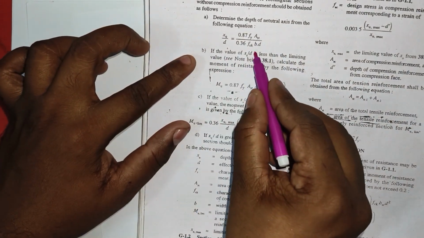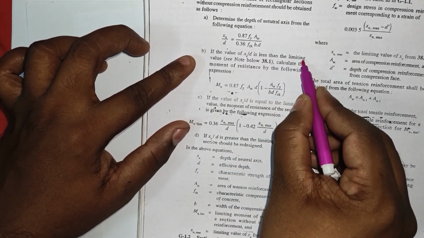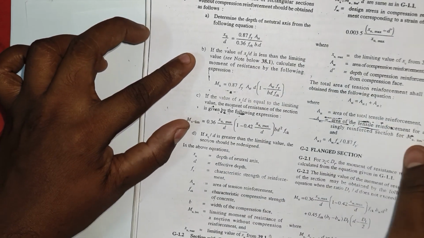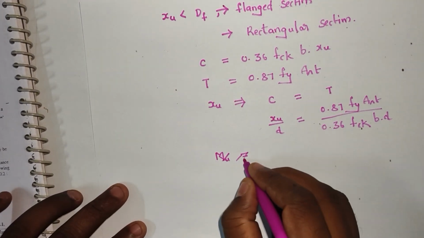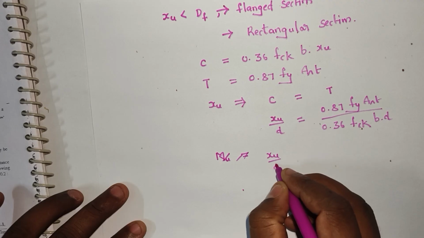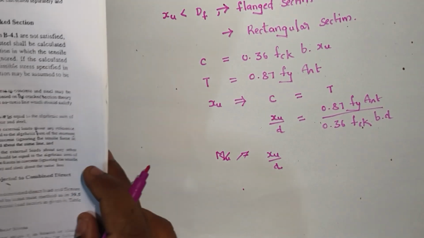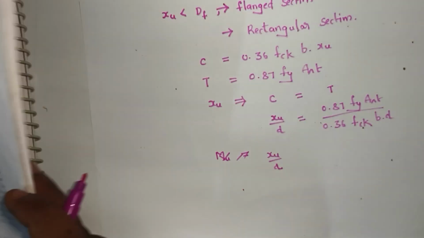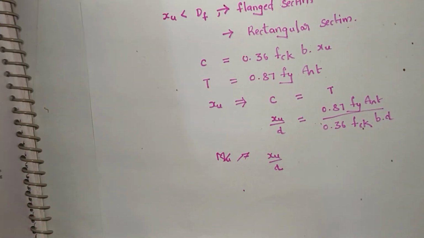If the depth of neutral axis xu by d is less than the limiting value, you need to refer to 38.1.